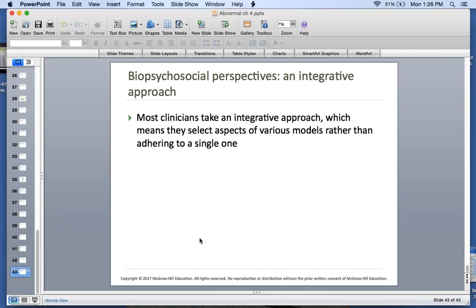Okay, so where does that leave us? Well, one of my favorite words, and that is biopsychosocial. This is an integrative approach. Integrative approaches are what most clinicians use, and that is, we may say, you know what, I want to have unconditional positive regard for somebody. We're going to use behavioral techniques when appropriate.